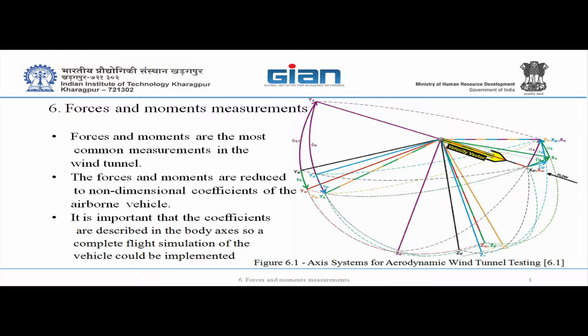I didn't work too much to give you a better figure of these axes, because we are not going to work too much with this, just to give you some idea that while dealing with balance in the wind tunnel, we have to deal with different frames of reference.